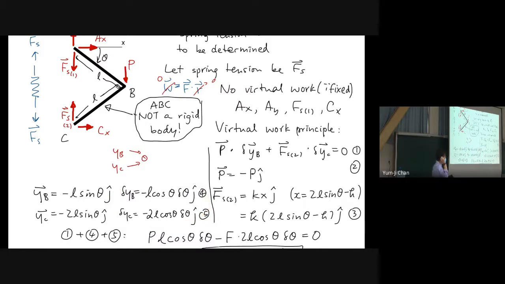And now the last thing to determine is this spring tension. Of course, spring tension F equals K x, and it is in the plus j direction. Now, what is x? x is equal to the current length minus the original length.